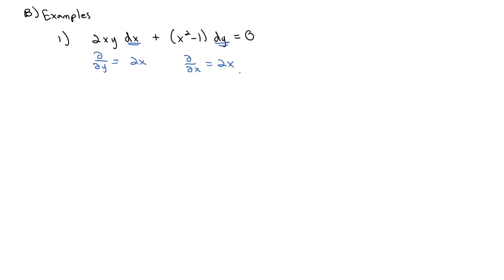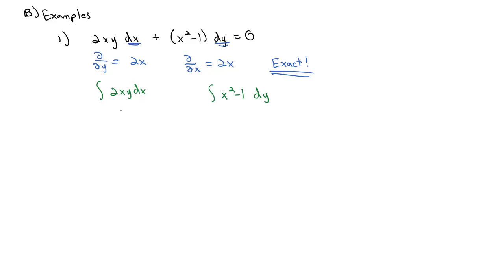They are the same, so that tells me this is an exact differential equation, and we can use the exact process to solve. We're going to undo the integral of 2xy dx, and we're going to undo the integral of x squared minus 1 dy to see what we end up with.